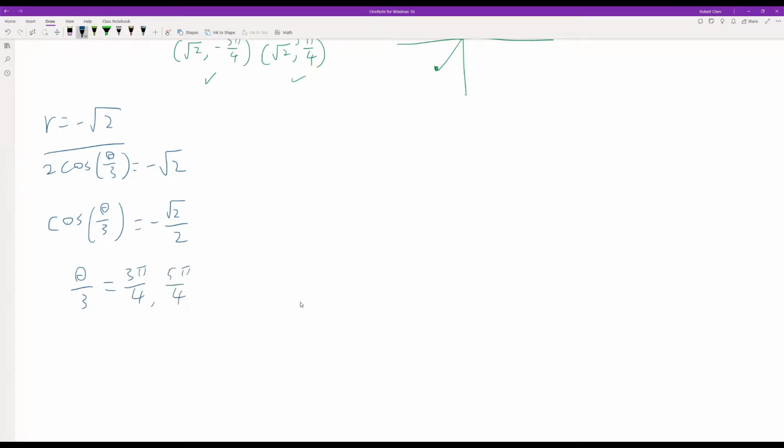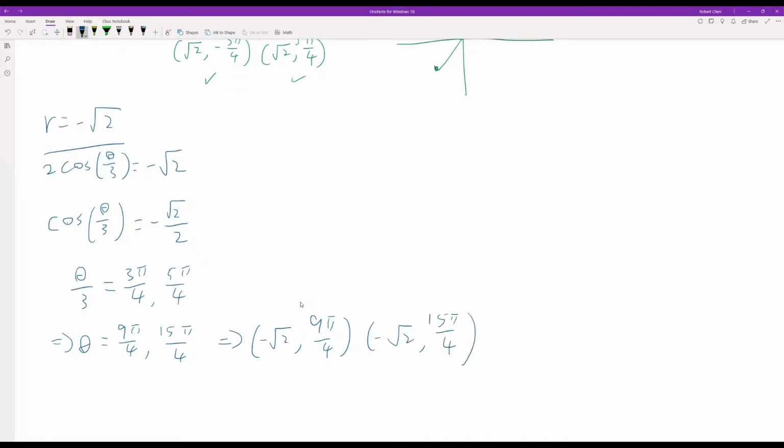That makes theta 9 pi over 4 and 15 pi over 4. So we also have two coordinates, where r is negative radical 2, 9 pi over 4, and negative radical 2, 15 pi over 4.